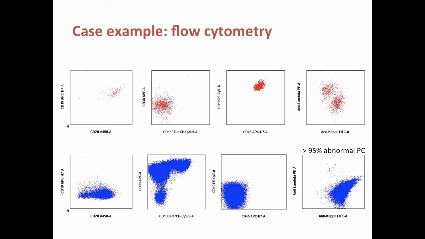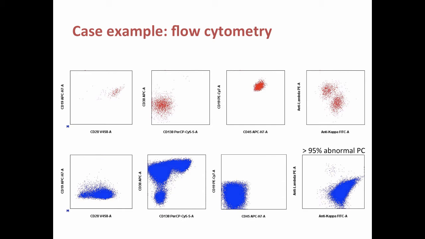The lower row of dot plots demonstrates plasma cells that have cytoplasmic kappa light chain restriction and an abnormal immunophenotype with variable expression of CD138 and CD38 and variable expression of CD20 without CD19.